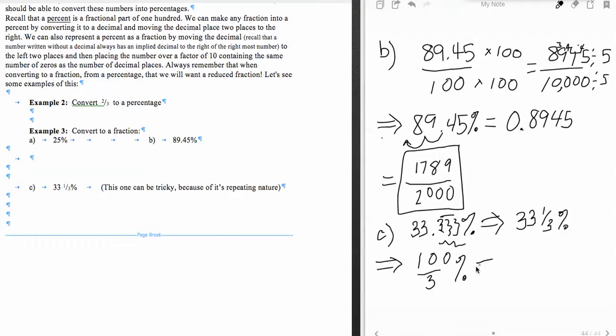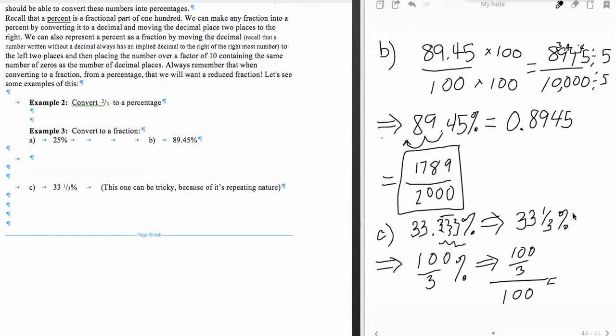Now remember that this is 100 thirds percent. Percent represents parts of 100. So I'm going to say this is 100, and that's thirds, and then that's parts of 100. Remember, a fraction bar also means division.